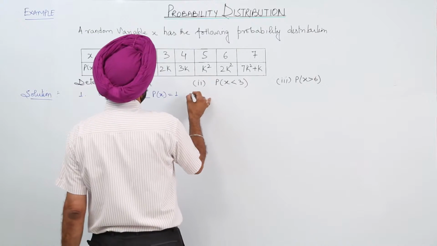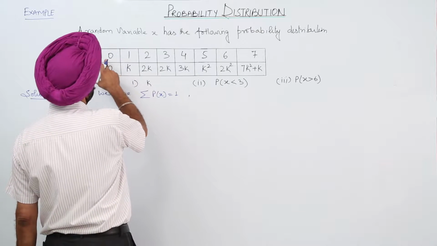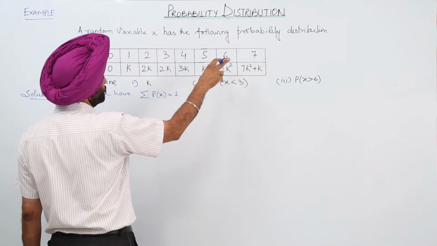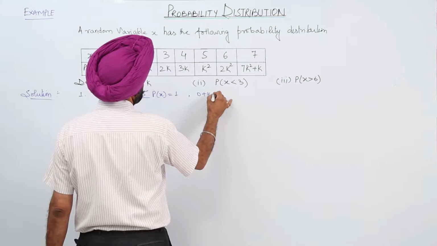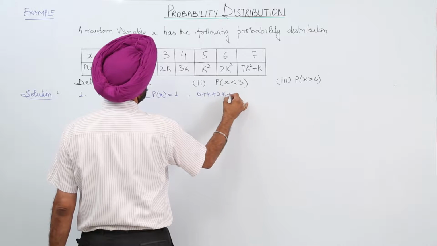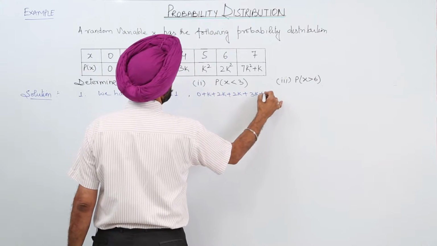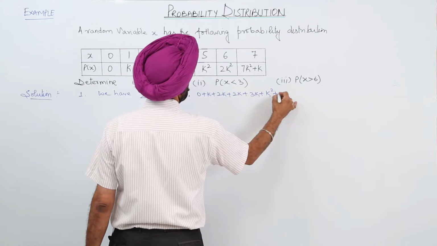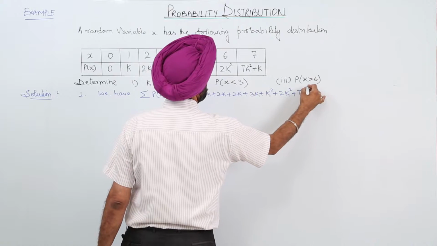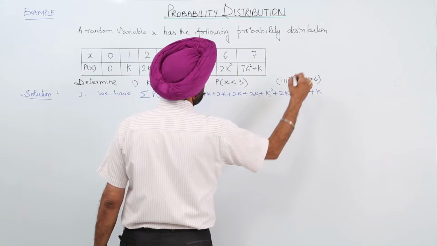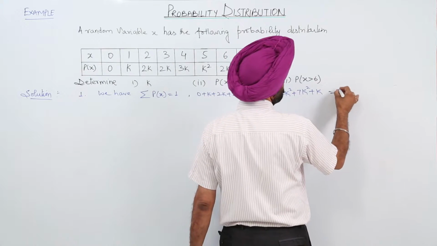Now, for summation of Px equal to 1, we have x as 0, 1, 2, 3 till 7. So we will have 0 plus k plus 2k plus 2k plus 3k plus k square plus 2k square plus 7k square plus k. And this is equal to what? This is equal to 1.